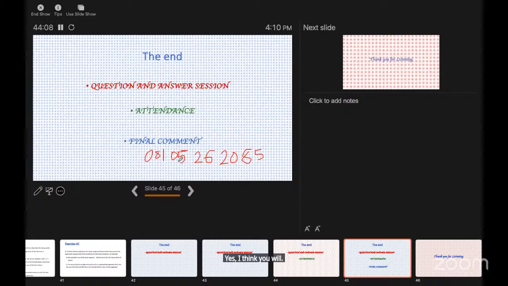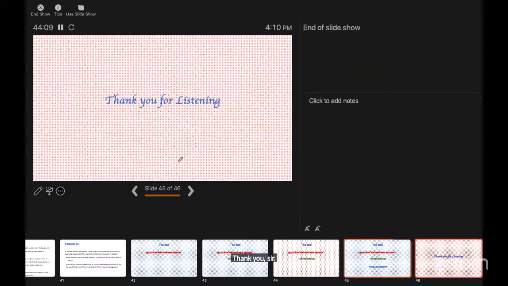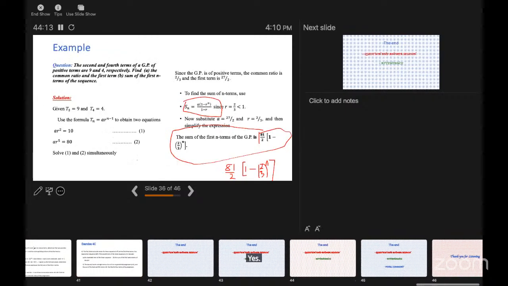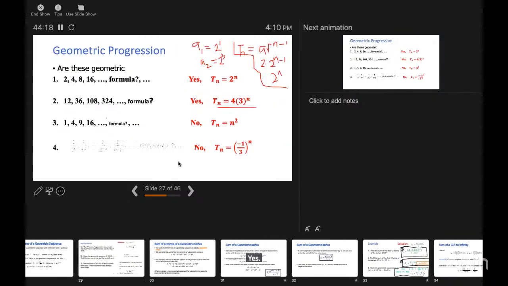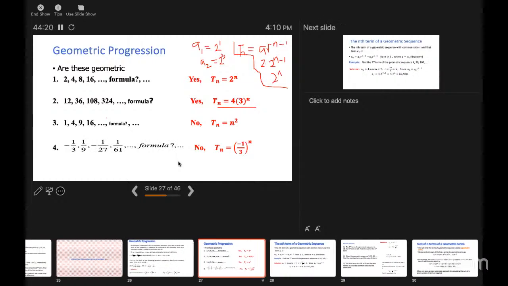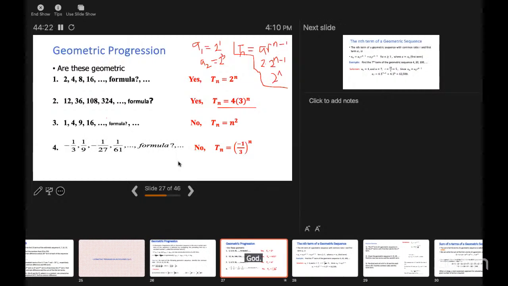Excuse me, sir, I have a question on slide 27. For number 4, why did you say that it is not a geometric progression? A geometric progression has a common ratio.